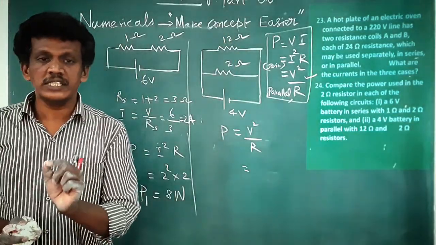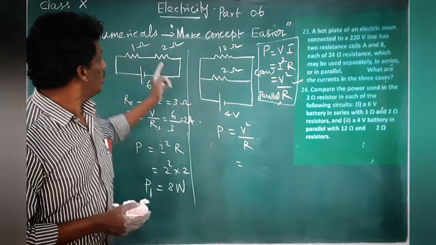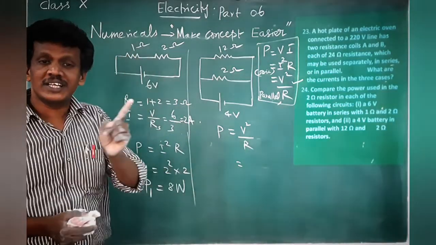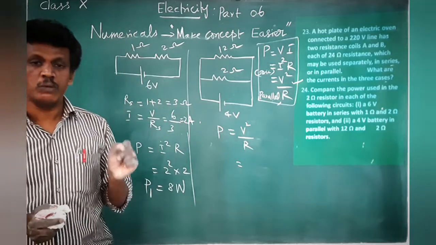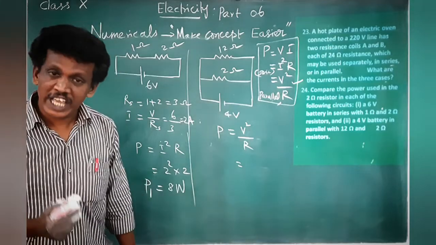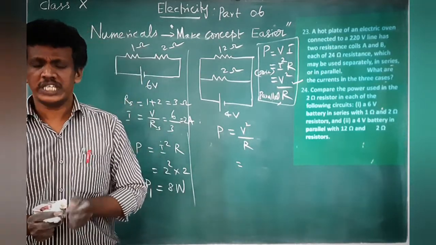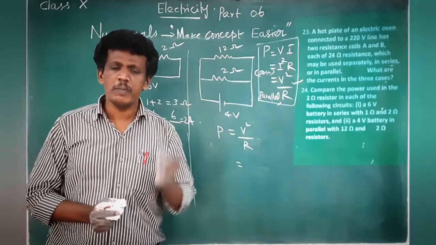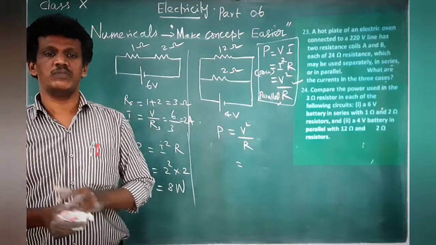So to make the concept easier, what is required? Numericals are required. So numericals are helping to understand the concept in more and more detail. Then children, tell me what you are supposed to do. Yes, you have to take so many questions and think about the reality of the question and solve it.